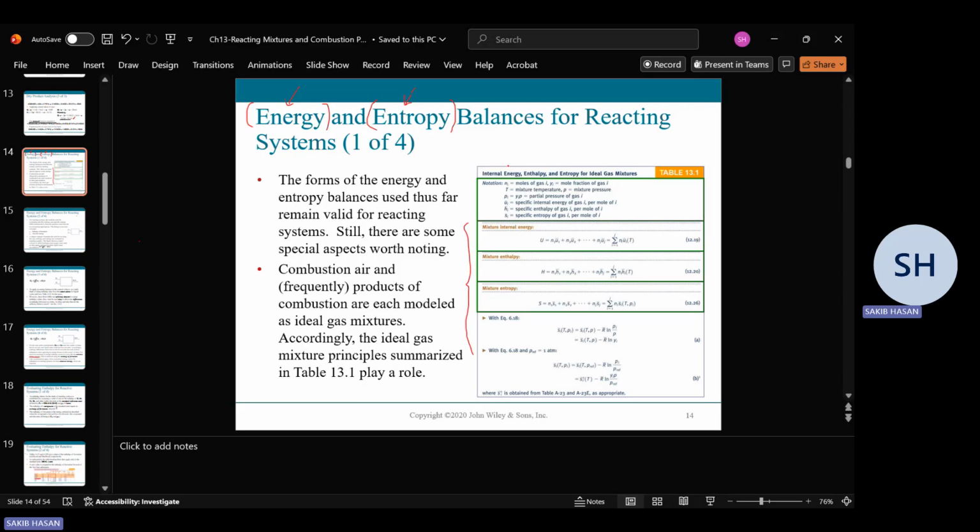One of the assumptions that we make when we're working with combustion reactions is that both the reaction mixture, as well as the product mixture, are both ideal gases.